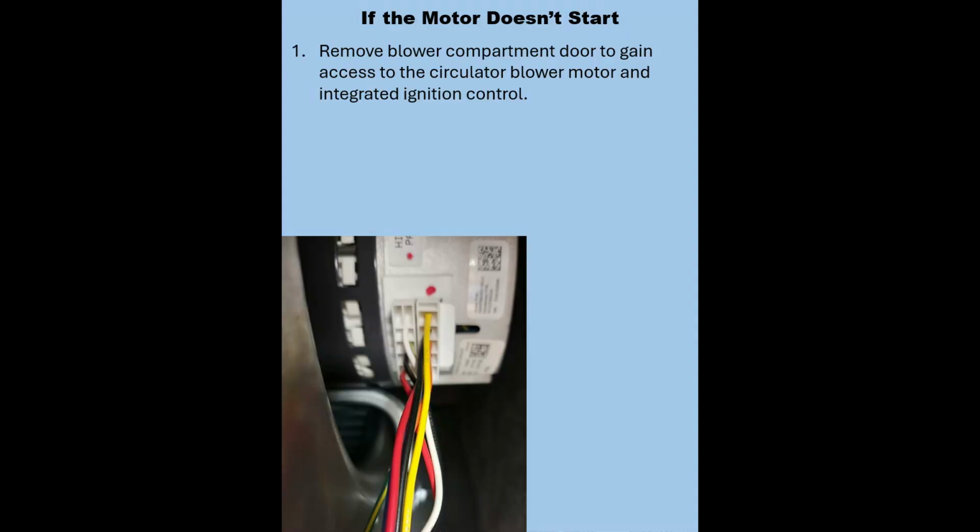If the motor doesn't start, remove the blower compartment door to gain access to the circulator blower motor and integrated ignition control. Check for any obstruction that would keep the fan motor from turning. And obviously we would have the power off. You wouldn't want to try to run a motor and stick your hand in there.